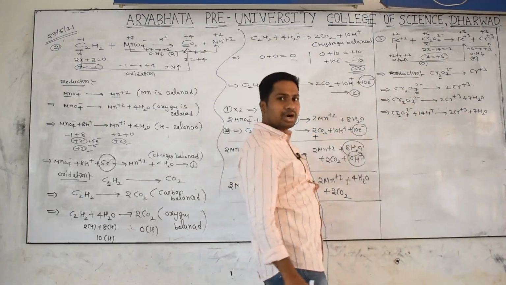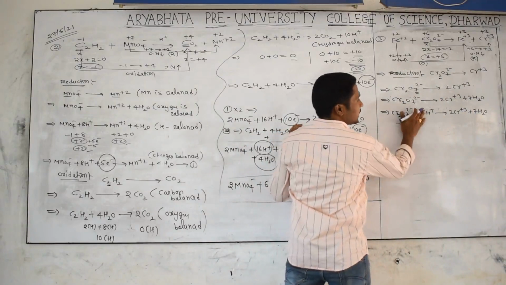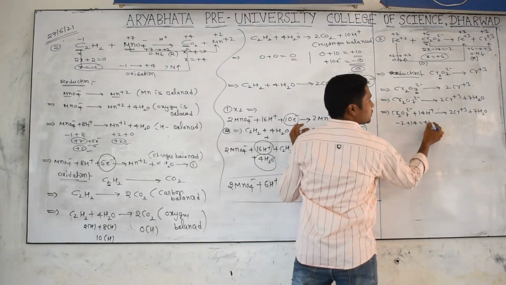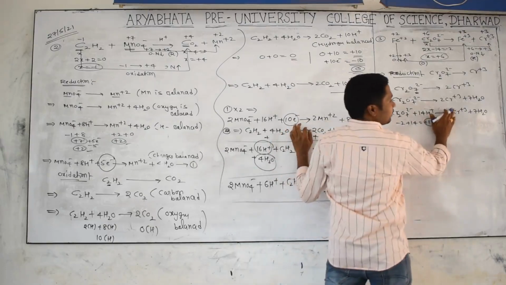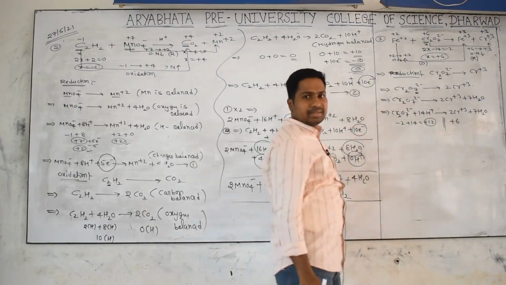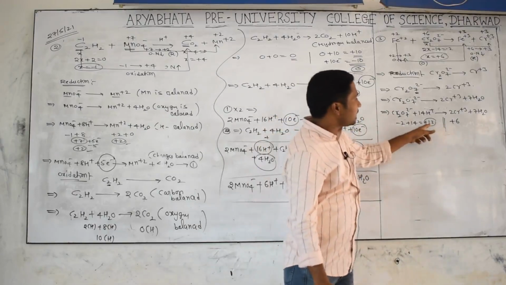Now how to balance the charge? The whole charge here is -2, and 14 hydrogens give plus 14, together plus 12 on the left side. On the right side, each chromium is plus 3, so 2 chromiums give plus 6. How to make it equal? Do it carefully. The right side has plus 6, the left side has plus 12.